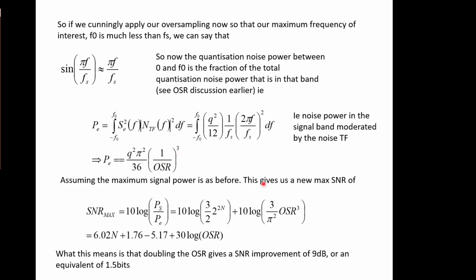Okay, so our new maximum signal to noise ratio now becomes, if we put that into this signal to noise ratio equation, 6.02N plus 1.76 minus 5.17 plus 30 log OSR, which means now that because of this noise shaping function that we've got, doubling the OSR this time gives us a signal to noise improvement of 9 dBs, or equivalent to 1.5 bits, whereas before we only got an improvement of about half a bit or so. So we've gained, for the same amount of oversampling and a little bit of noise shaping, a significant improvement in our signal to noise ratio.